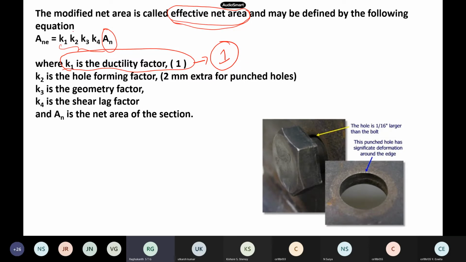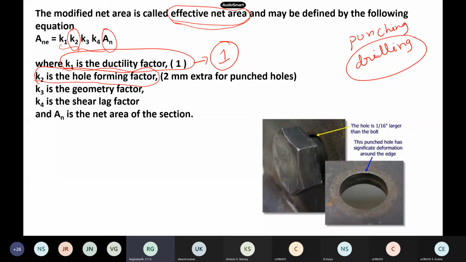Now another thing is k2. This is what they call the hole forming factor. As I already told you, we have two ways of making holes: punching and drilling.